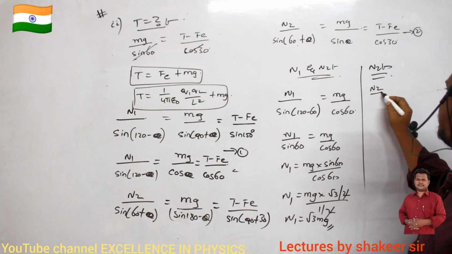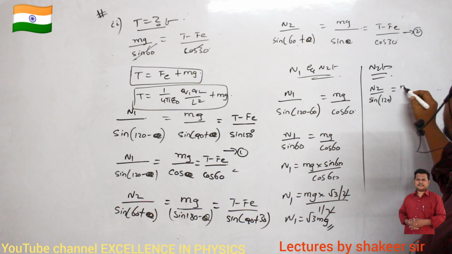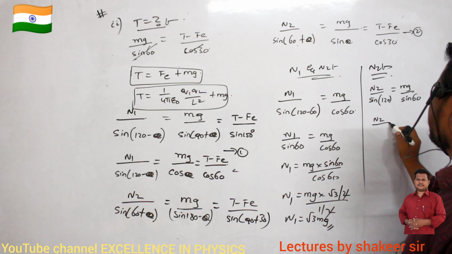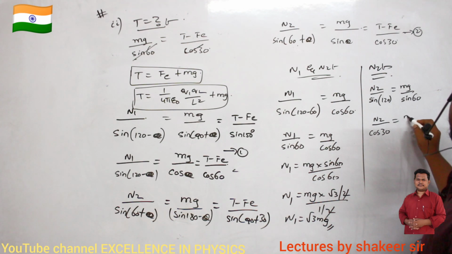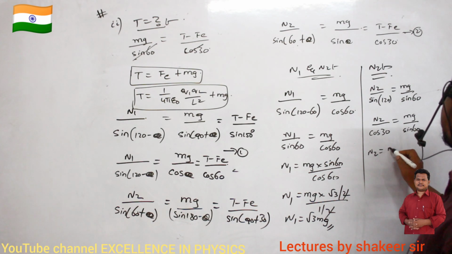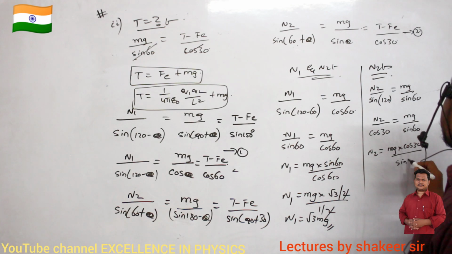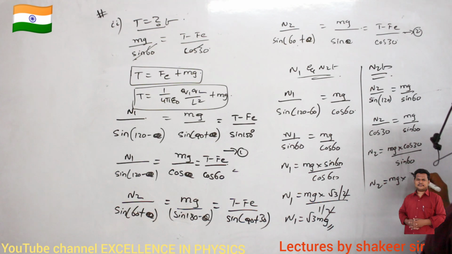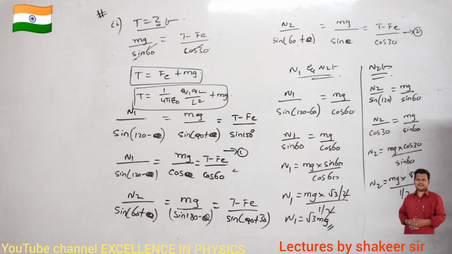N2 divided by sin(60 plus 60), sin 120, is equal to mg divided by sin 60. So N2 divided by sin 60 can be written as cos 30 also, no? So N2 is mg into cos 30 divided by sin 60. N2 is equal to mg into cos 30, root 3 by 2, divided by sin 60, root 3 by 2.